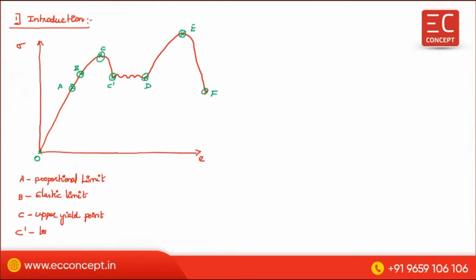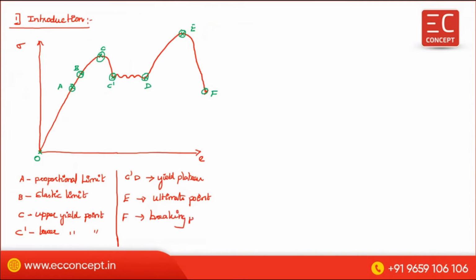C dash is the lower yield point. And C dash D, we can call it the yield plateau. And capital E is the ultimate point. And F, we can say, is the breaking point.